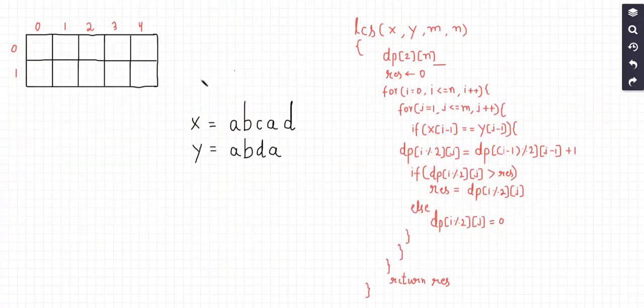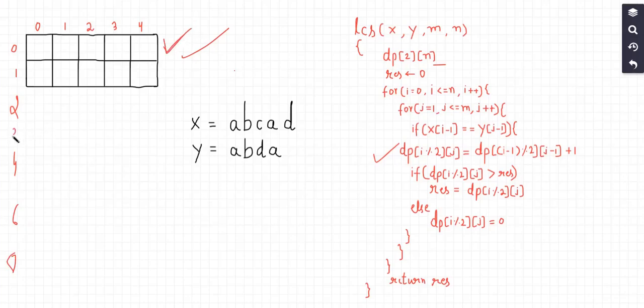So here I'm using an array of dimensions 2 cross n, n is the length of string y, and what I am changing is here. So this is the code, this is the implementation for the optimization which I made here, and let's see how this is helping. I will store the results of row number 2 in row number 0, and row number 4, 6, 8, and so on in the same row number 0.